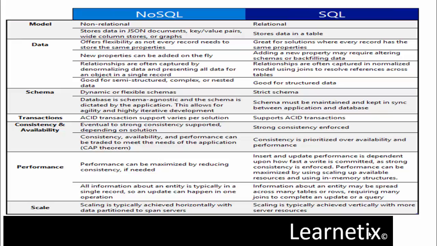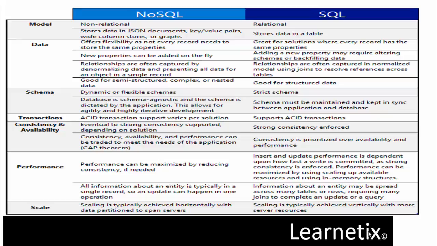In the case of performance, SQL insert and update performance depends upon how fast a write is committed. As strong consistency is enforced, performance can be maximized by scaling up available resources and using in-memory structures. Also, an entity may be spread across many tables, requiring many joins to complete an update query. But in NoSQL, performance can be maximized by reducing consistency if needed.